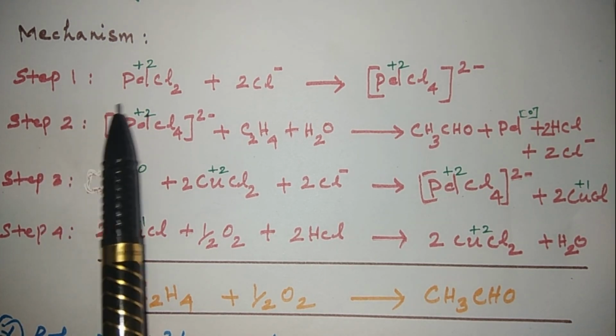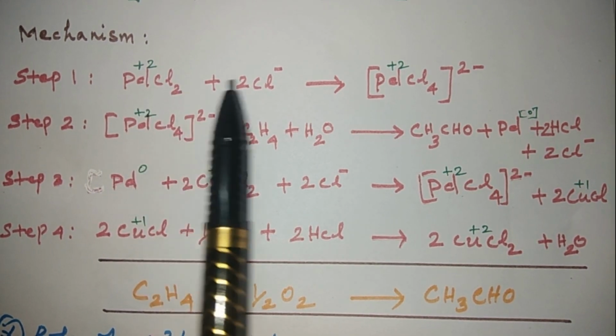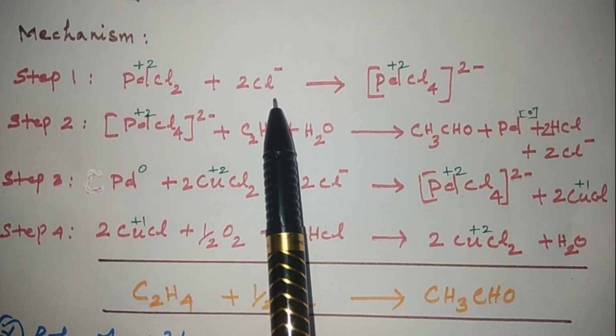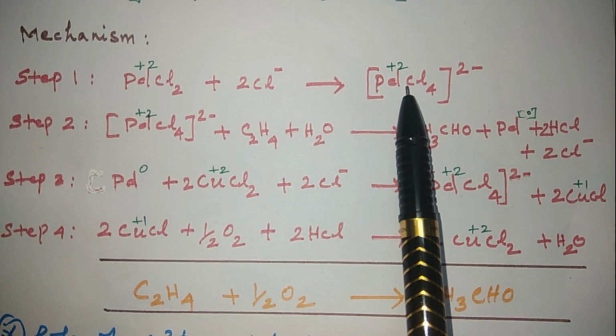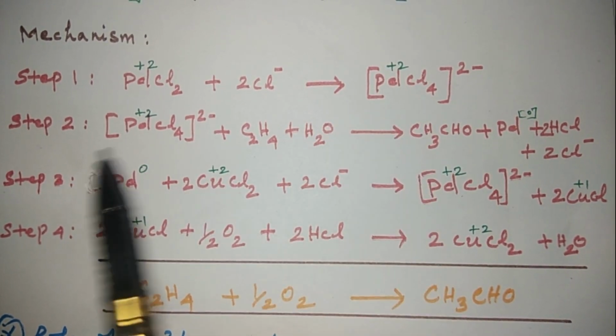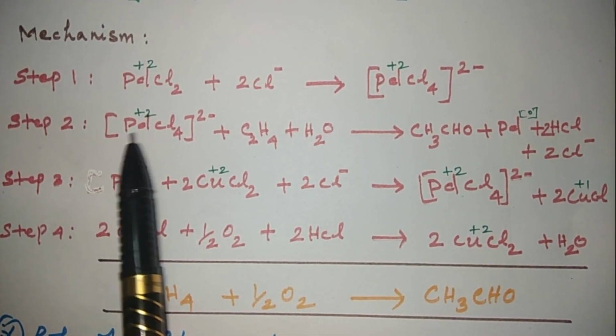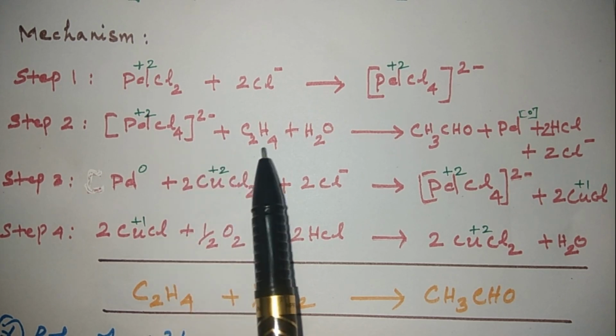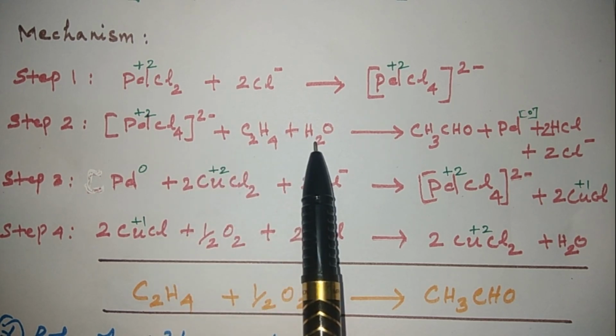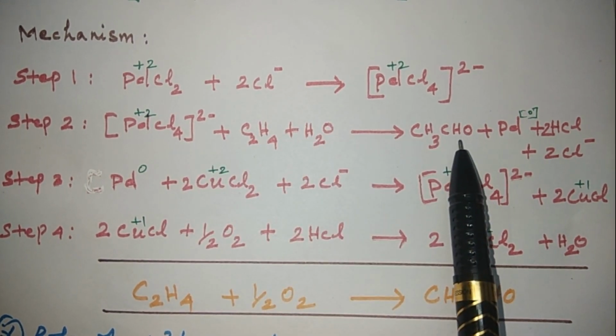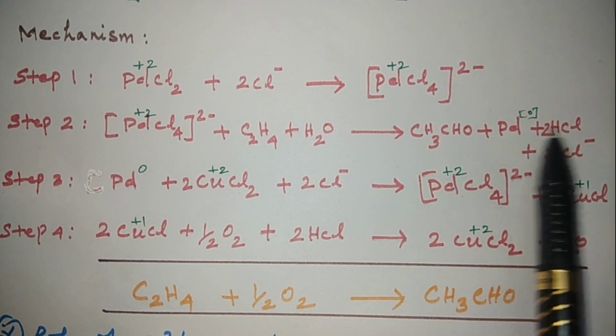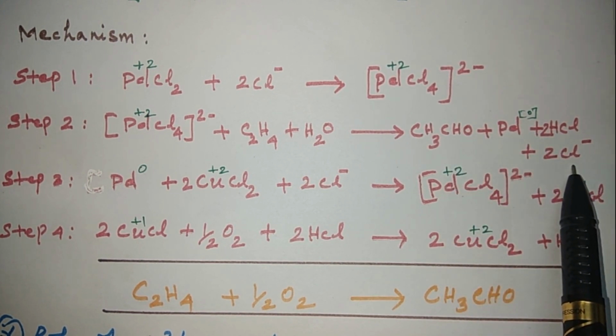In step 1, palladium chloride on addition of chloride ion gives palladium tetrachloride. In the second step, palladium tetrachloride, addition of alkene in water gives the product acetaldehyde and palladium and hydrochloric acid and chloride ion.